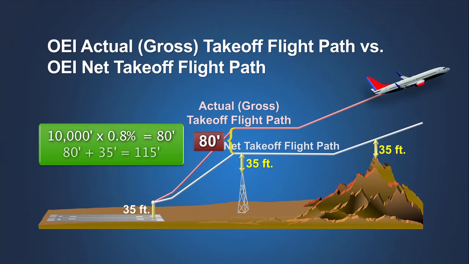Thus, the requirement that the net takeoff flight path must clear the obstacle by 35 feet means that the airplane will actually clear the obstacle by as much as 115 feet. As noted previously, variables that may reasonably occur during normal operations may reduce this margin.